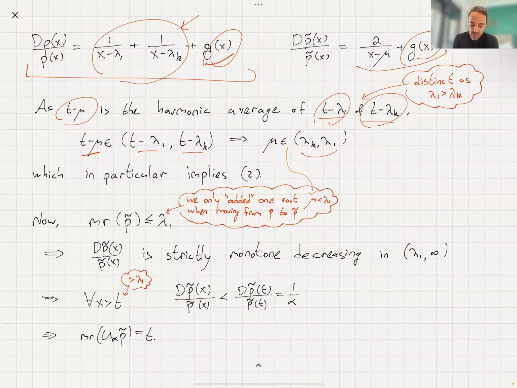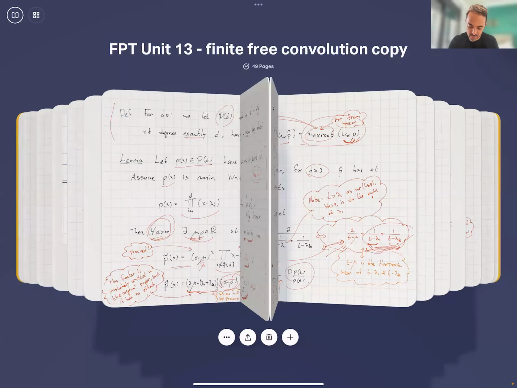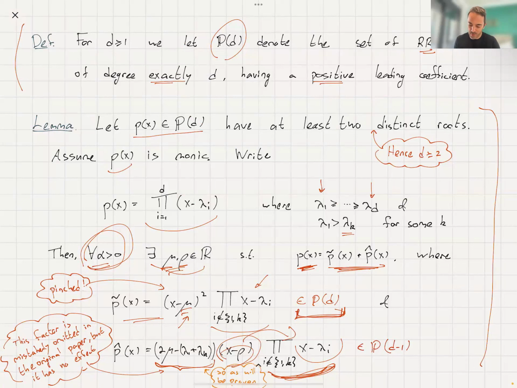Now, what I'm saying is that the max root of p tilde is at most lambda 1, because you only added a mu. If you look at p tilde, it's kind of a mess here, but p tilde is this polynomial. You added mu, and you removed one instance of lambda 1 and one instance of lambda k.